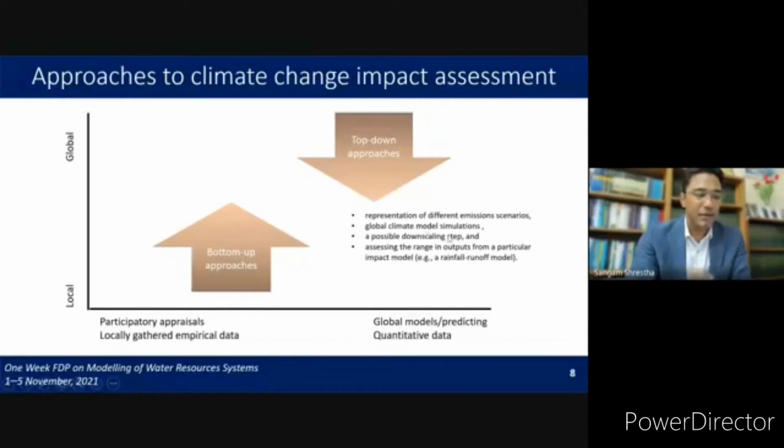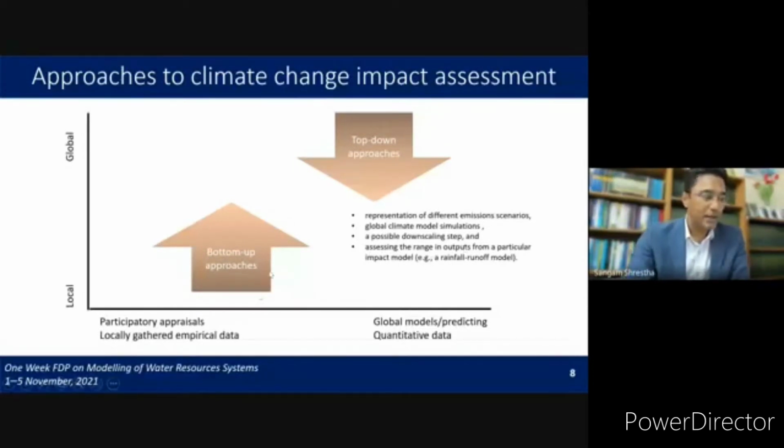From there we construct the future climate scenarios, and these future climate scenarios are fed into the hydrological model or any other water resources systems model to assess the impact of climate change on hydrology and water resources. So this is the approach called the top-down approach.